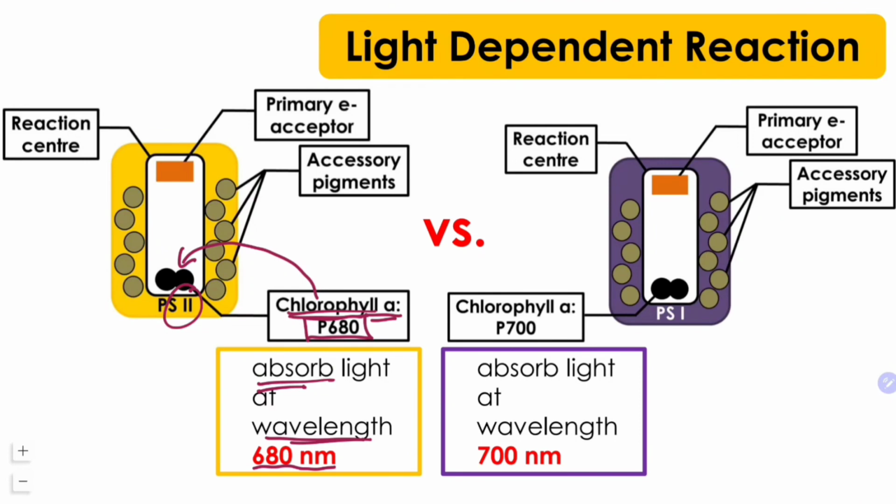In contrast, chlorophyll A found in the reaction center of PS1 is able to absorb light at a wavelength of 700 nanometers. That's why it is called P700. So this is the only difference between PS1 and PS2. The other components are exactly the same between the two types of photosystem.